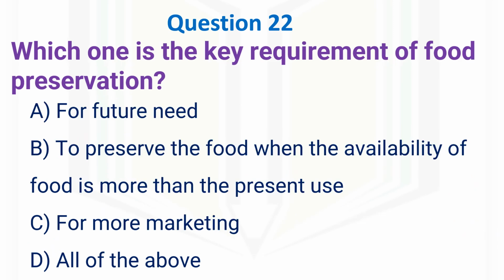Question number 22. Which one is the key requirement of food preservation? Options are: for future need, to preserve the food when the availability of food is more than the present use, for more marketing, and option D is all of the above. Correct option is option B, to preserve the food when the availability of food is more than the present use. For future need is also one of the requirements of food preservation, but the key requirement is the second option.